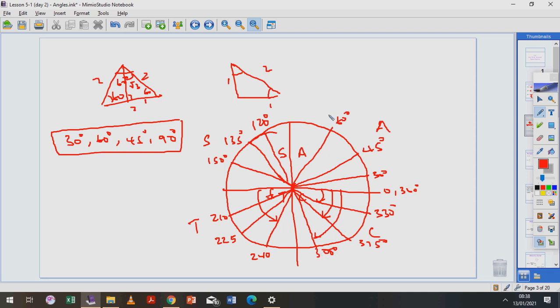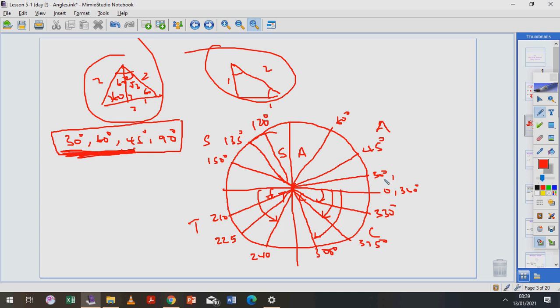So please, you cannot remember what the ratios are for all of these, but if you know the ratios for these three especially, because 90 is obvious, or if you know how to get them from the triangles, then you can go ahead and get all these ones. Now, another thing you should practice is knowing what these angles are in radians. So without even doing it, what is 30 in radians?